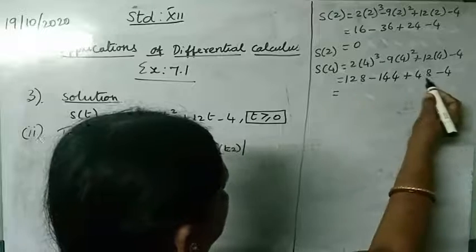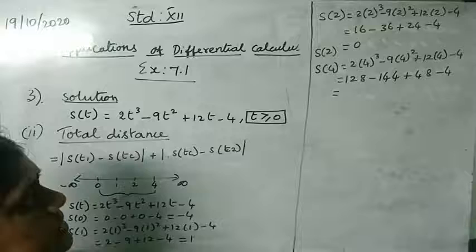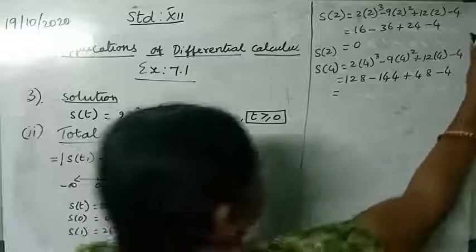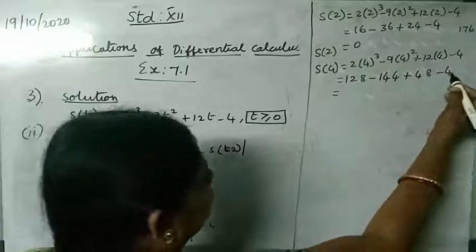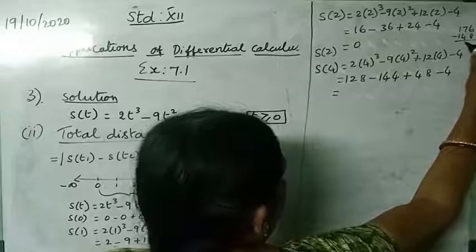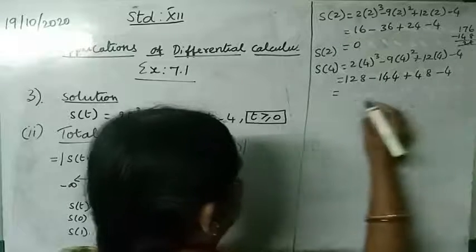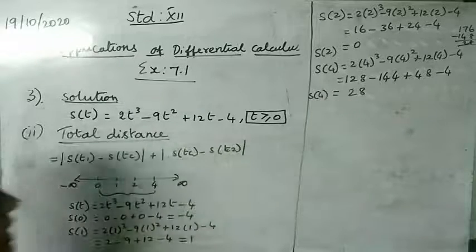Now 128 and 48, add these two numbers, 176. And the negative numbers are 144 and 4. Add these two, 148. So subtract this, we are getting 28. So S of 4 is equal to 28.